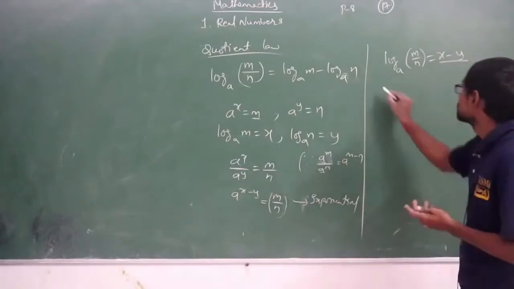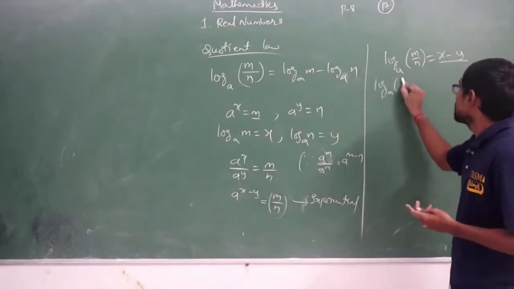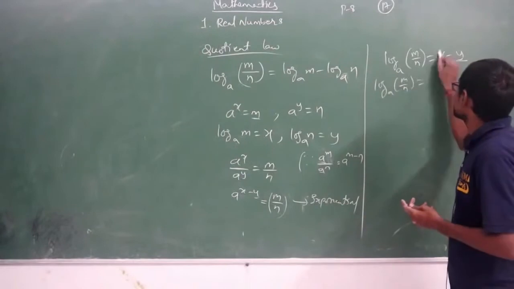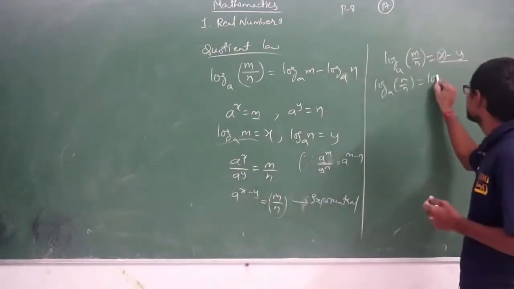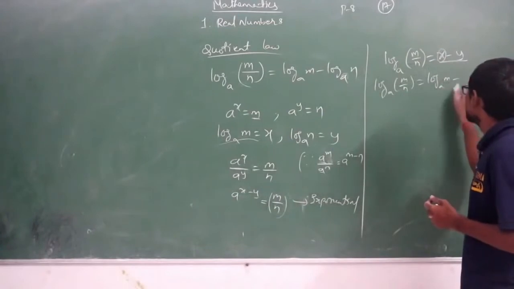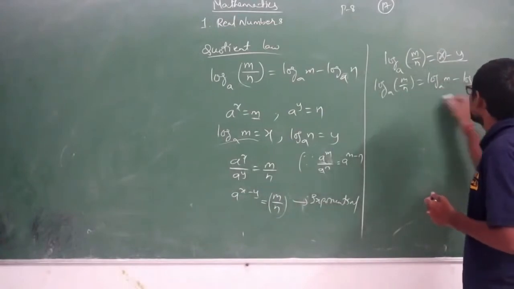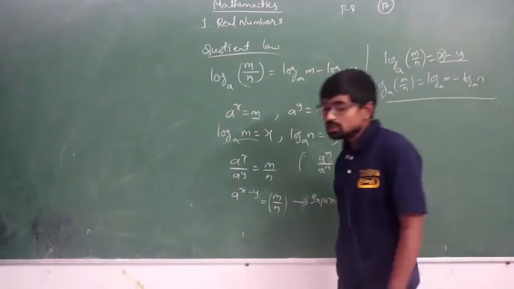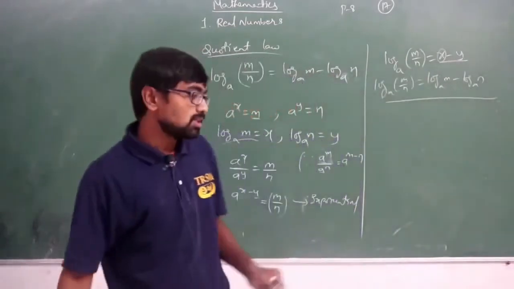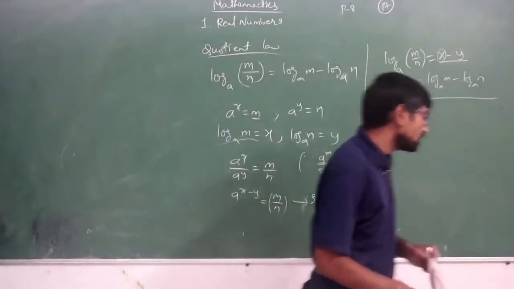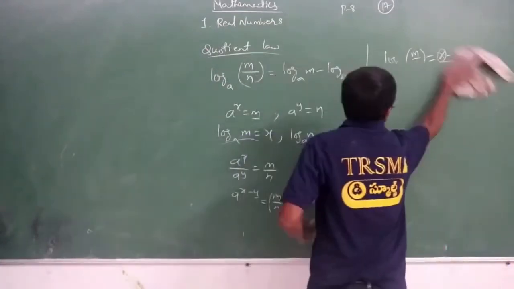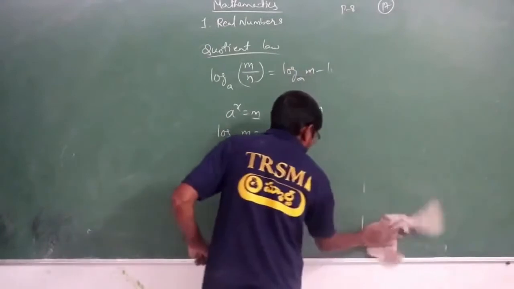Therefore log base a of m divided by n is equal to log base a m minus log base a n, since x is log base a m and y is log base a n. So like that you will get the laws. These are the product law and the quotient law. These all are the formulae.